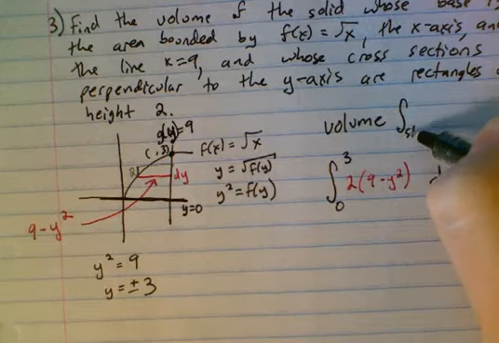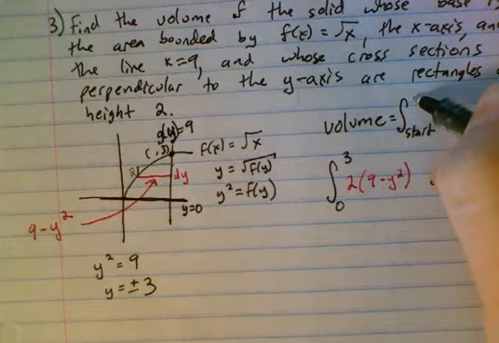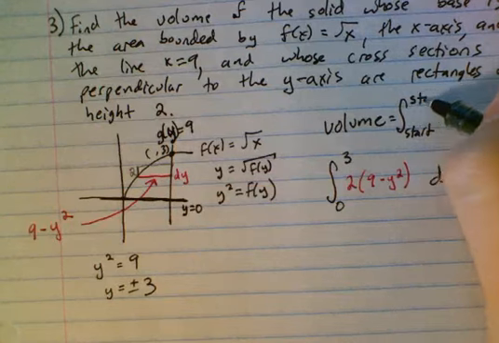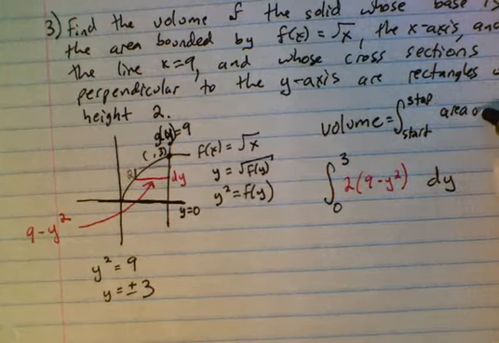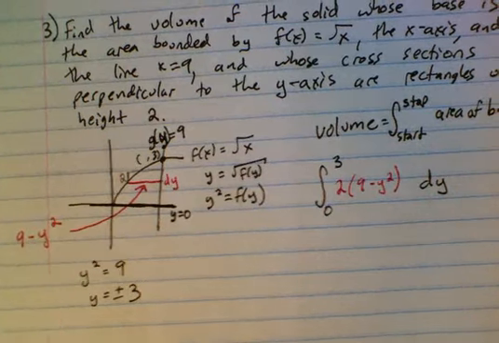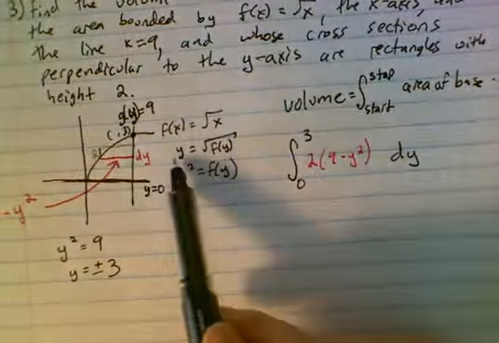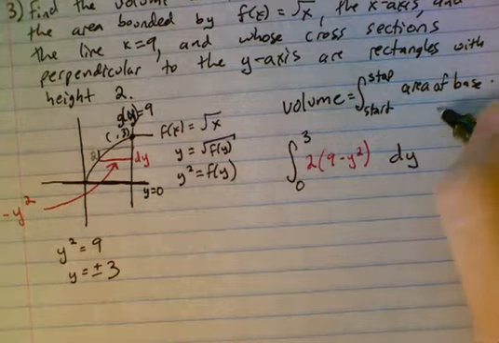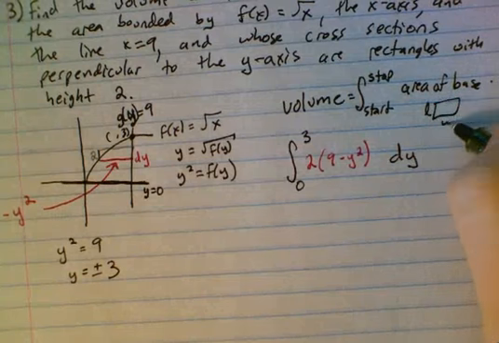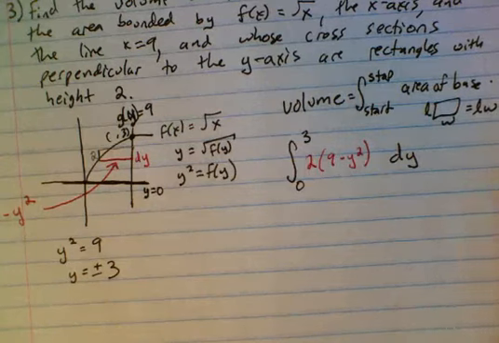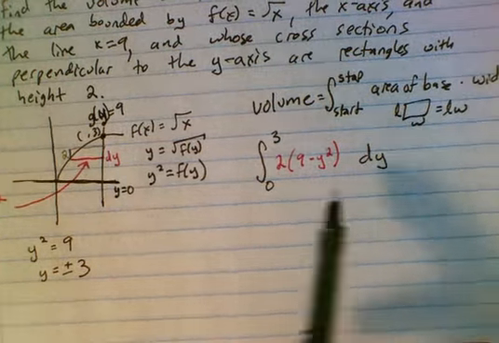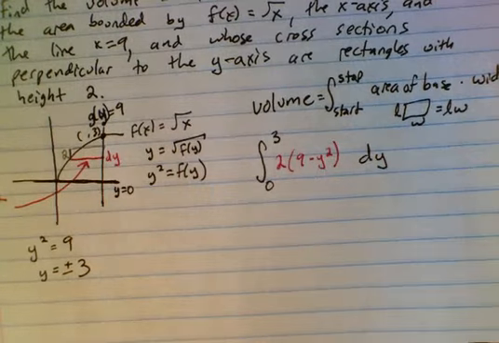Where that's coming from, volume is start to stop, area of base times width. Don't mind that we're kind of using width in two different ways here. This is just the area of the base, length times width of a rectangle, and then this is our little dy, just like we normally do.